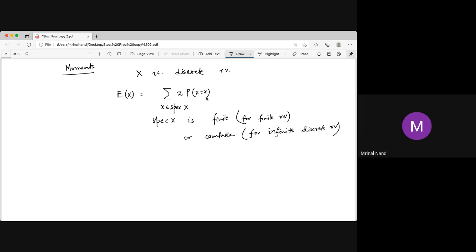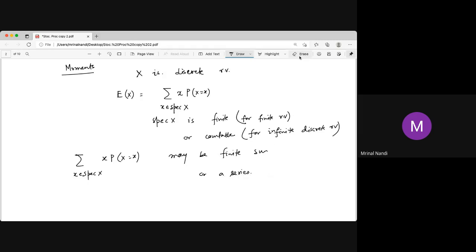So the expectation may be a finite sum, or it may be a series.